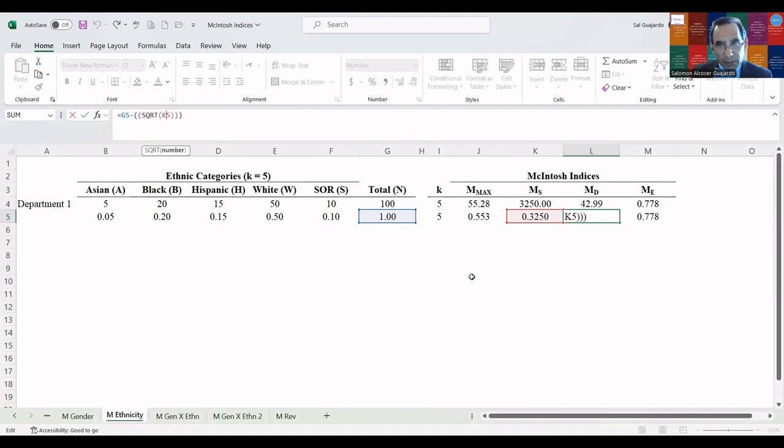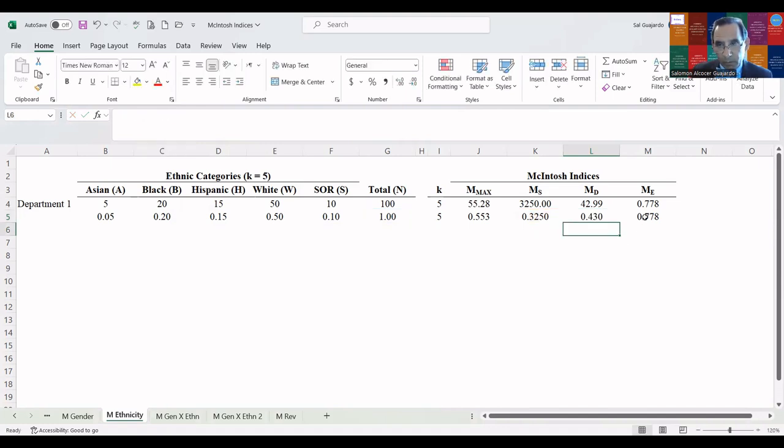So let me just repeat that again. It's going to be 1 minus the square root of K5, and K5 is 0.325. It gives me a value of 0.430.